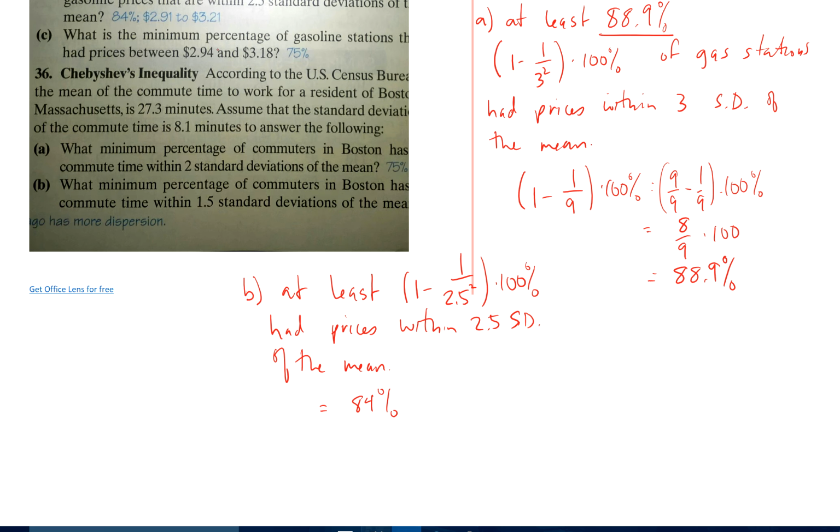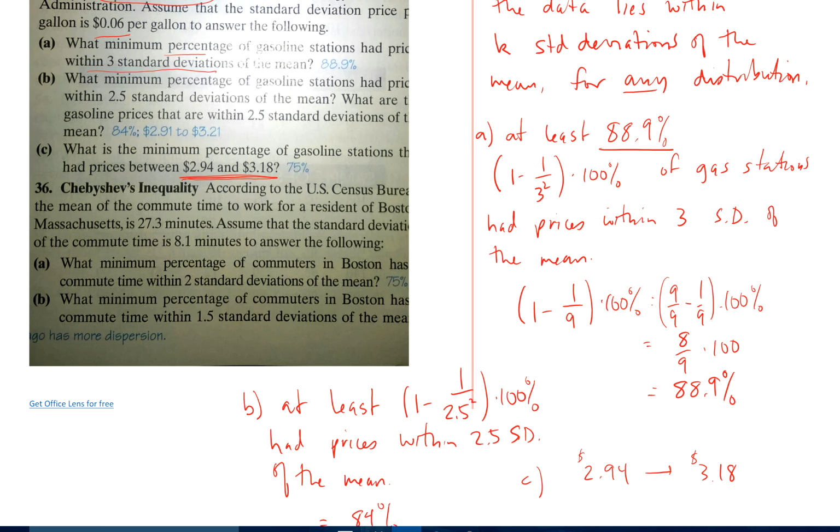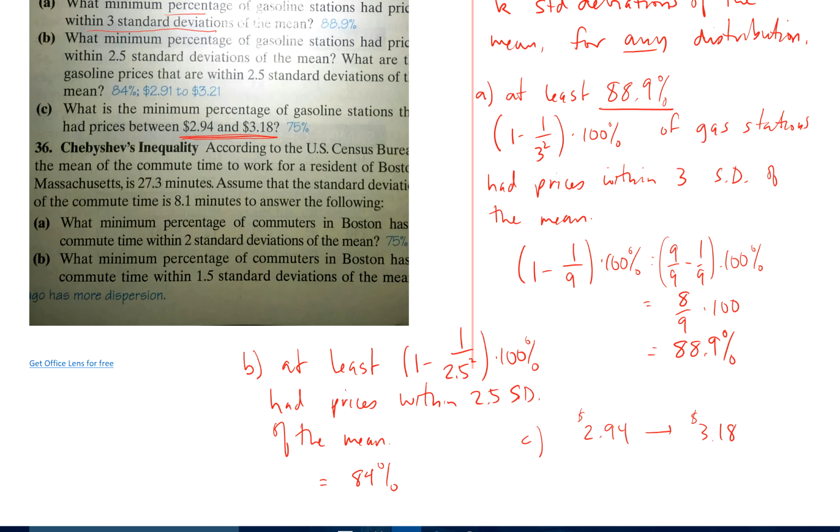And then C, what is the minimum percentage of gasolines that had prices between this? Oh, so now we're going backwards. So how are we going to handle going backwards? Okay, so this is a little bit trickier, that we go from 294 to 318. And I know the average, what did we say the average was? 3.06.